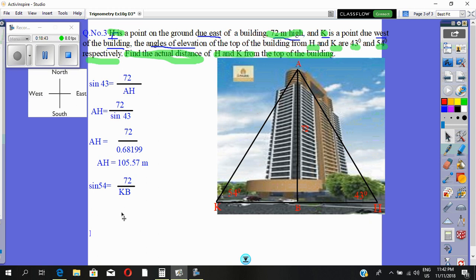Then we find it from the point K. Same here, we use sine 54 because the opposite is given, and we're supposed to find the hypotenuse.